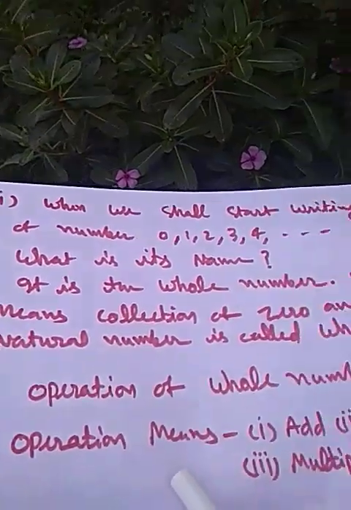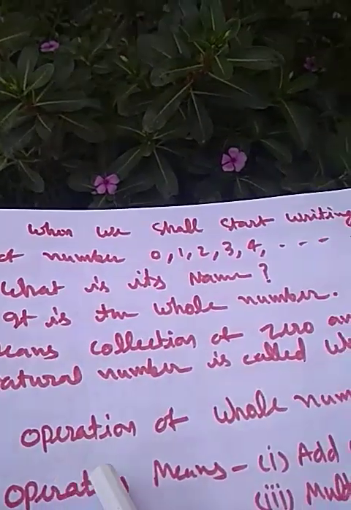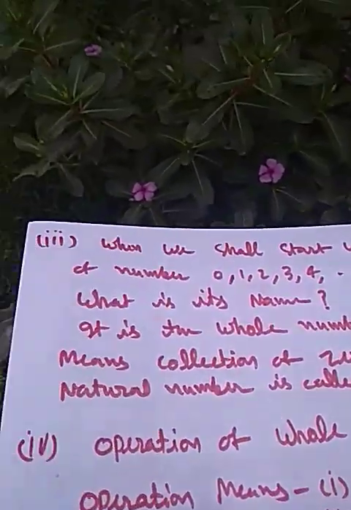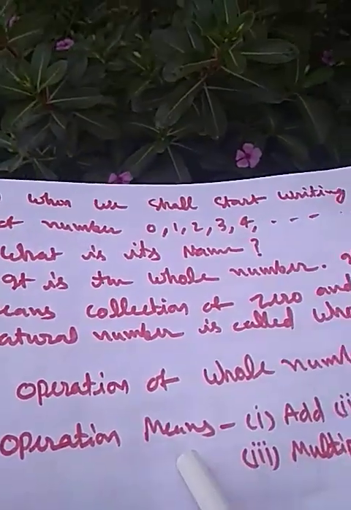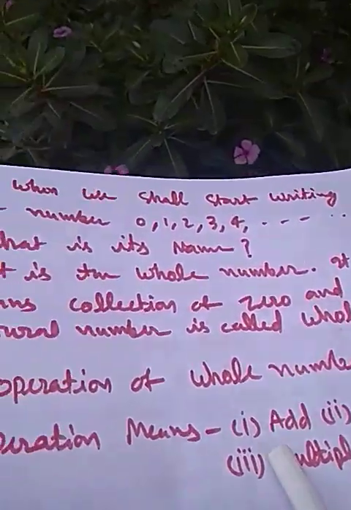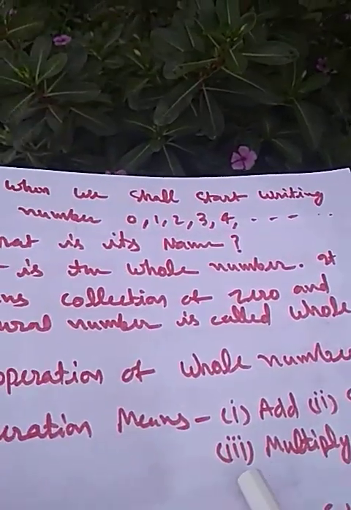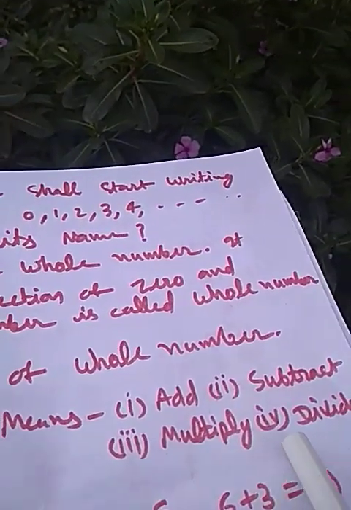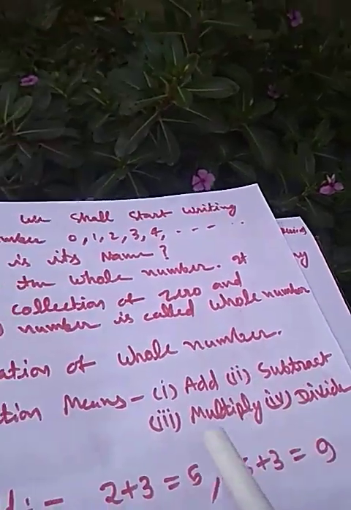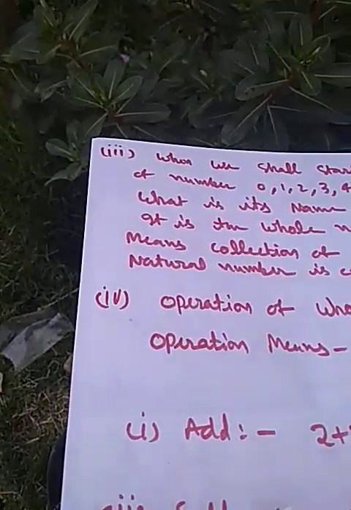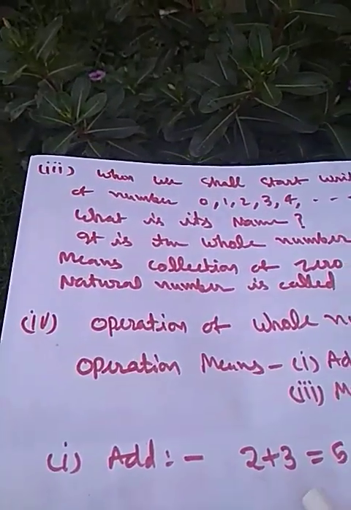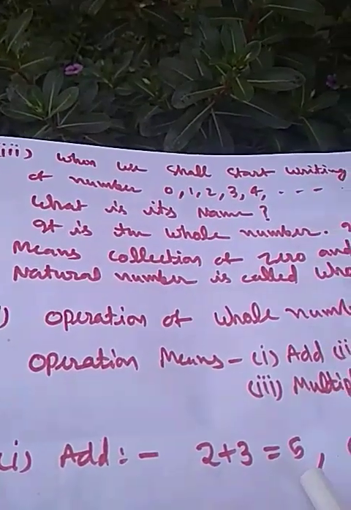Now next thing is the operation of whole numbers. Operation means 4 things. First is add, second is subtract, third is multiply, and fourth is divide. Now in the first case, add. 2 plus 3 is equal to 5.